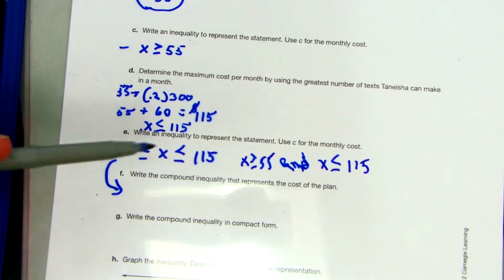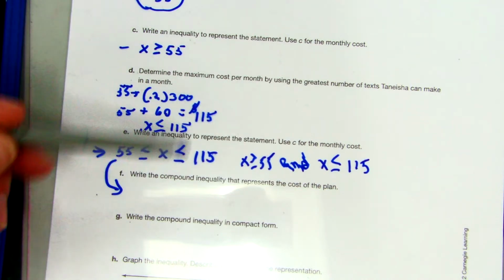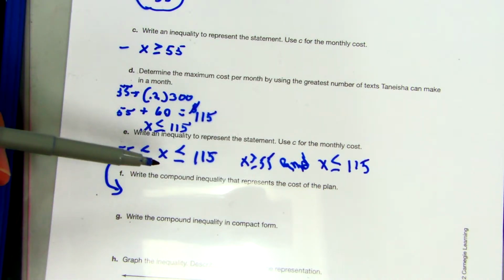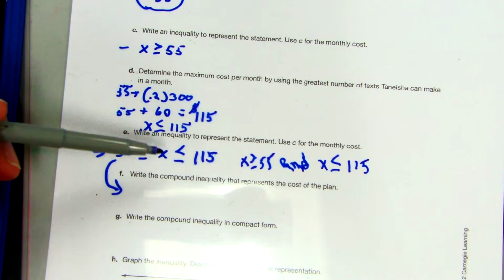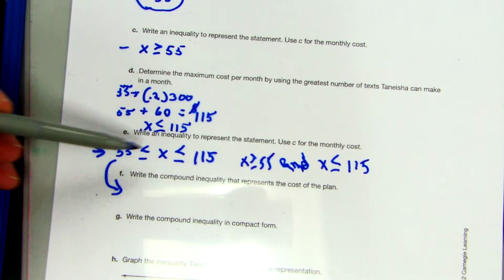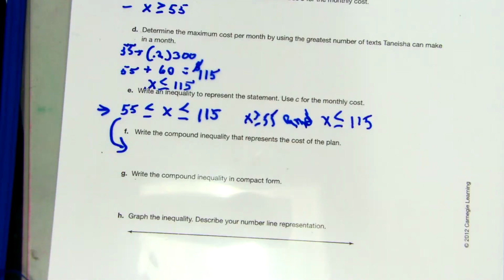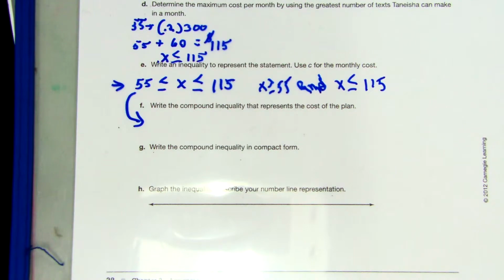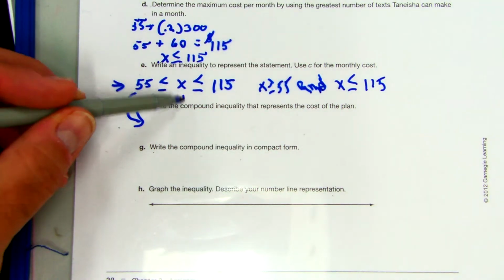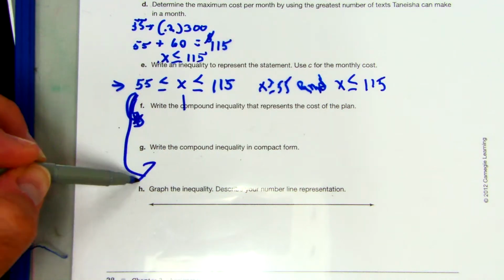Now, do we read that as X? Hopefully you know we've gotten far enough that when you're dealing with inequalities, you read it as all the numbers. So I need all numbers that are greater than or equal to 55 and all numbers that are less than or equal to 115. So being able to read it correctly is really important. And again, in compact form, we've already done that. That was for G. Sorry.